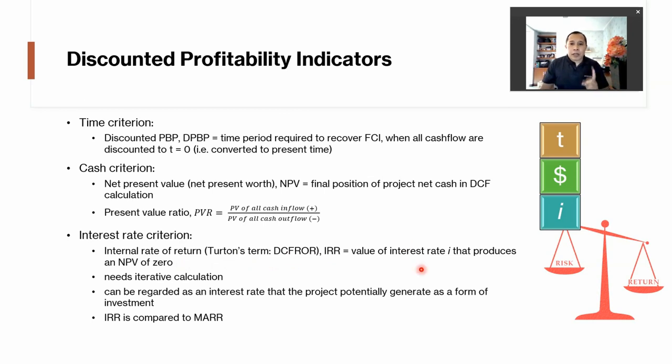So this would be the value of interest rate I that produces an NPV of exactly 0. Because it has to be exactly 0, or reasonably close to 0, then calculation of IRR usually is iterative in nature. It can be regarded as an interest rate that the project potentially can generate as a form of investment. And what you do with IRR is you compare it to MAR.